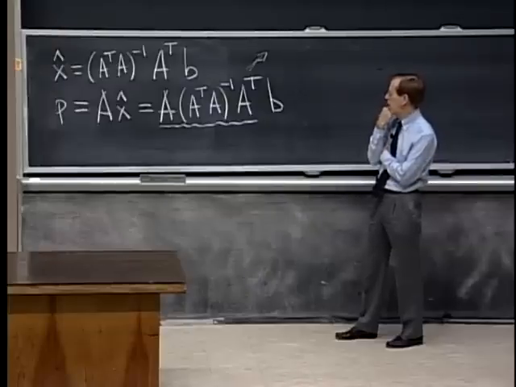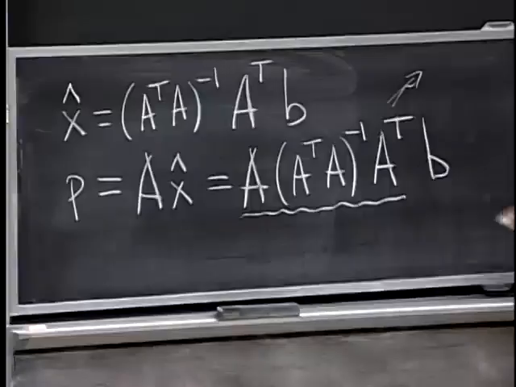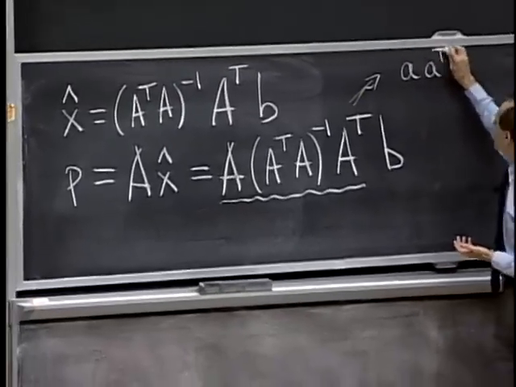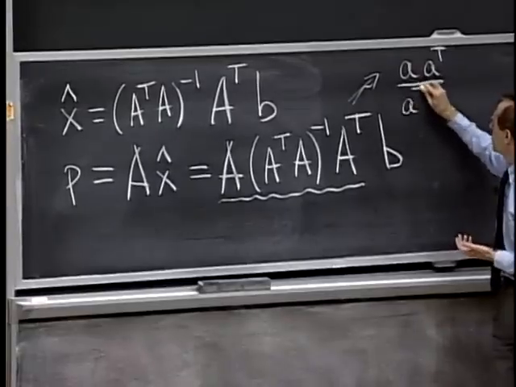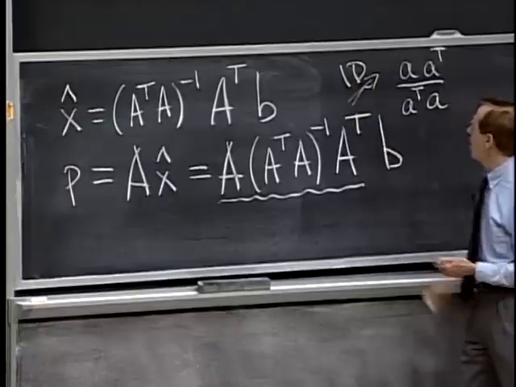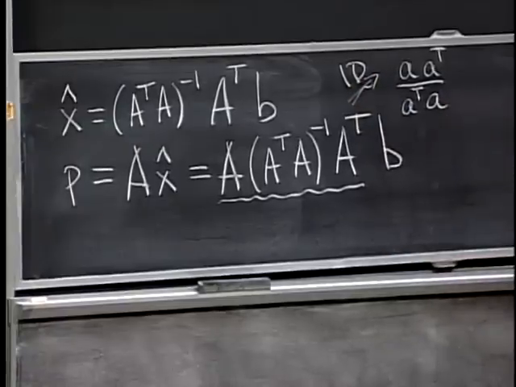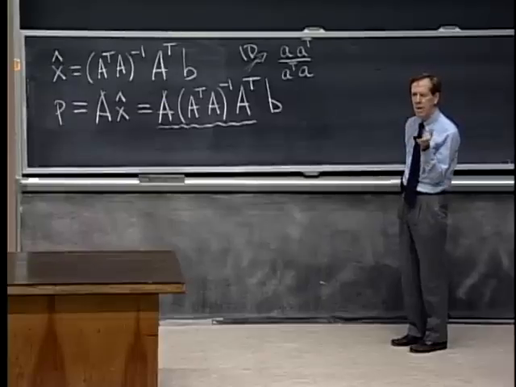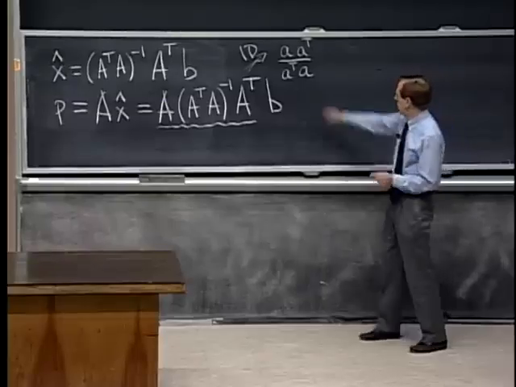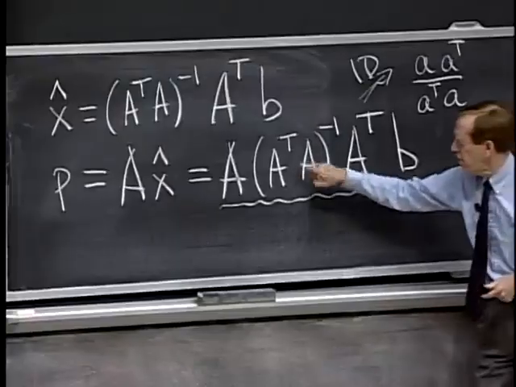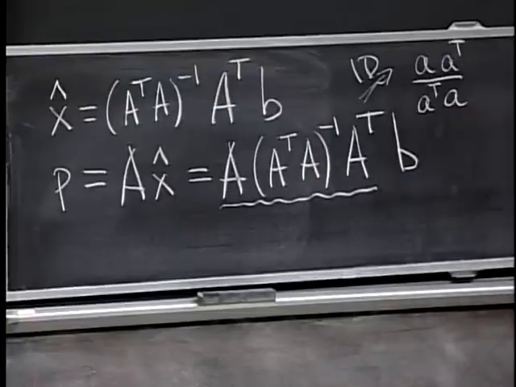Then A was just a column, so it was little a transpose over a transpose a, right? That's what it was in 1D. You see what's happened in more dimensions. I'm not allowed to just divide because I don't have a number. I have to put in the inverse because I have an n by n matrix. But same formula.